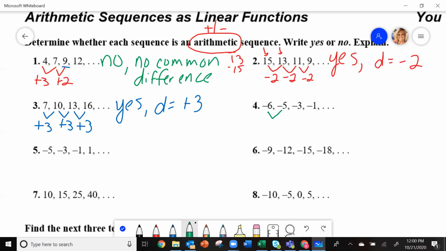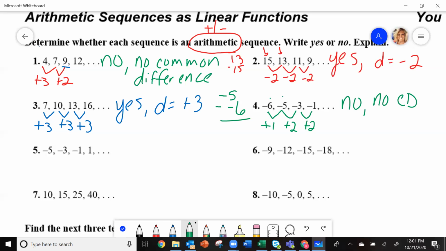How am I getting from -6 to -5? I am adding 1. And if you don't know that, take the second one minus the first one. -5 minus -6. This right here is +2 and +2. So this is no, there is no common difference.